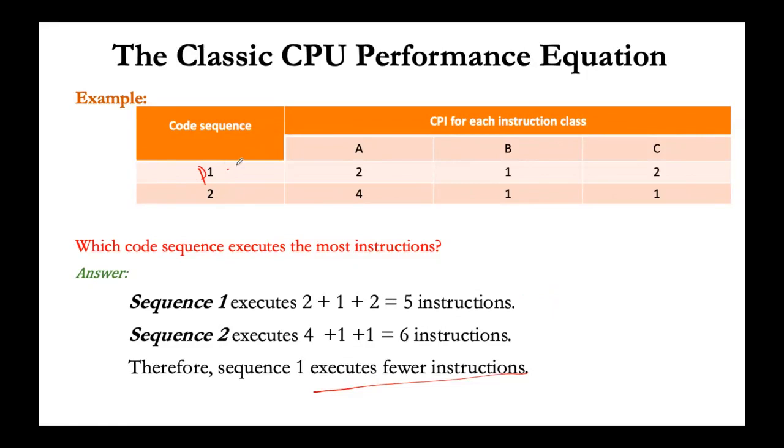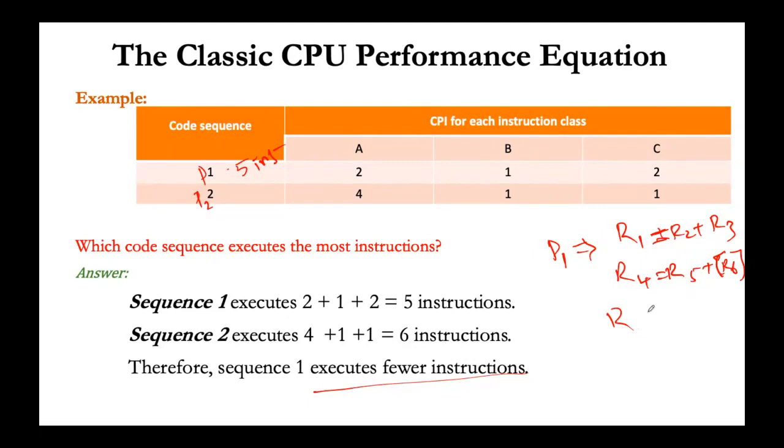So program 1 has only 5 instructions. Consider these as P1 and P2. P1 may have an instruction like R1 equals R2 plus R3. Another instruction, suppose R4 equals R5 plus memory address R6.